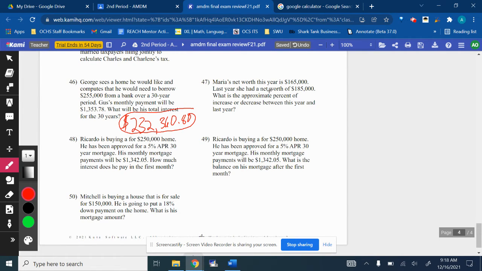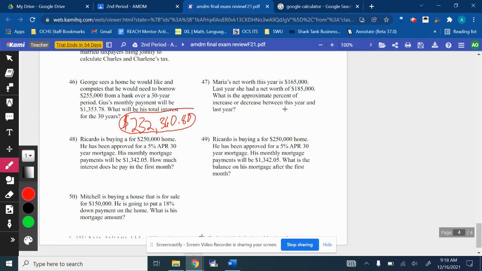Number 47. Maria's net worth is $165,000. Last year, she had a net worth of $185,000. What is the approximate percent of increase or decrease between this year and last year? This is kind of a messed up question for the final exam, because it's actually from the first half of the course.